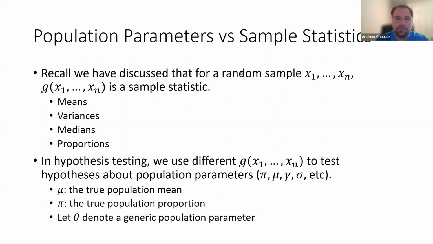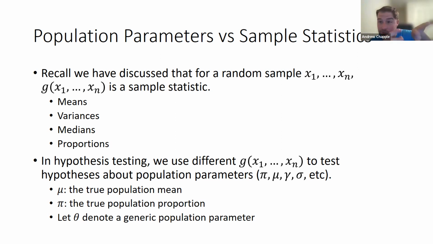Okay, so recall, we discussed that for a random sample, X1 through Xn, that you could collect, so in the example of heights, I go get a bunch of heights of kids and see how much they grew over a year time span, we have G as a function of this, and it gives you a sample statistic. So like the mean, for example, is just the average of all the points.